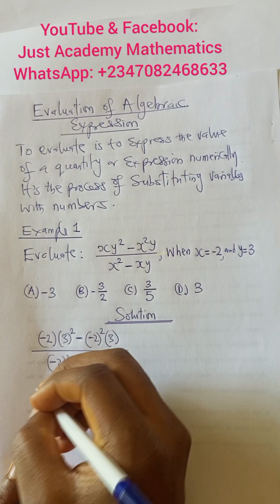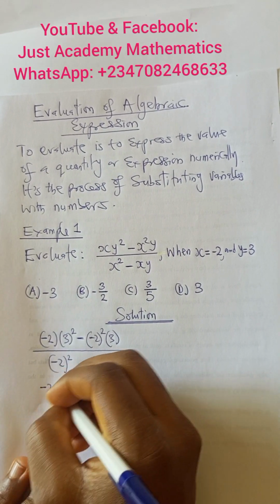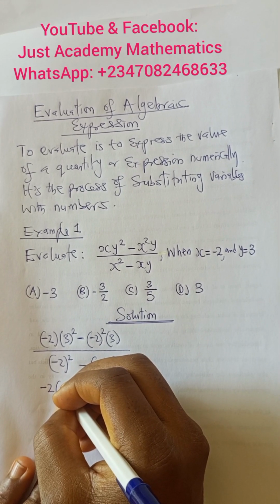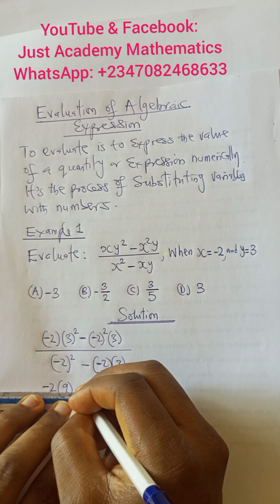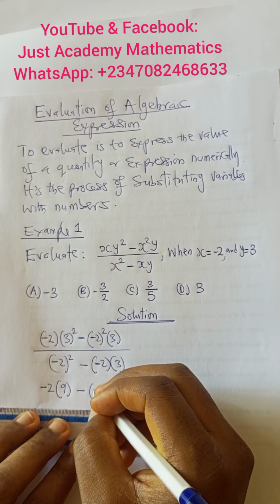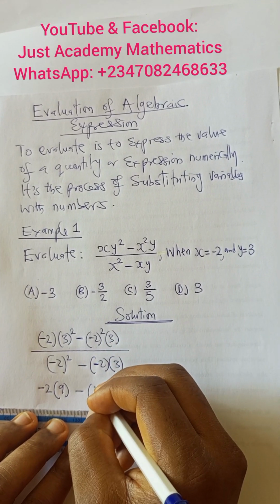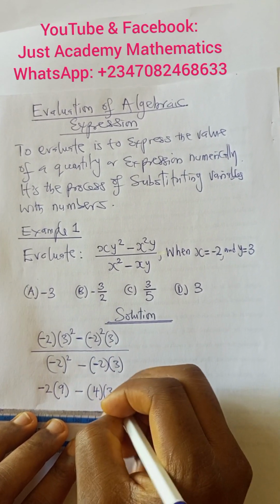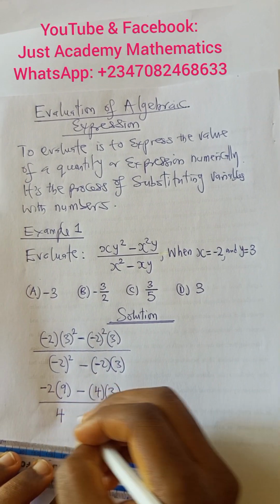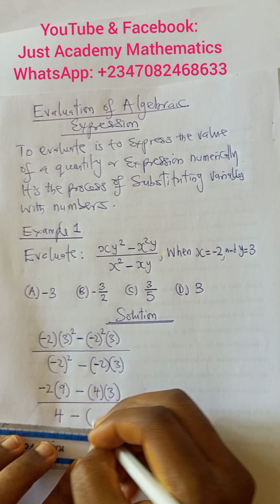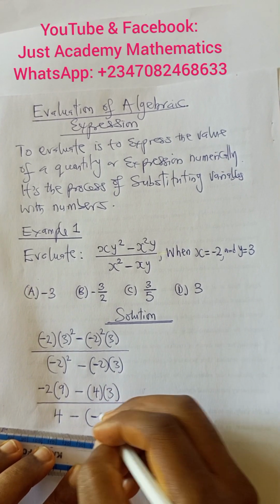So let's take it further. So this is -2 times what? We'll be times 9. Then we'll have minus. This will give us -2 times -2 is +4. Will be times 3 over. This will give us 4. Will be times what? -2 times 3 will give us -6.